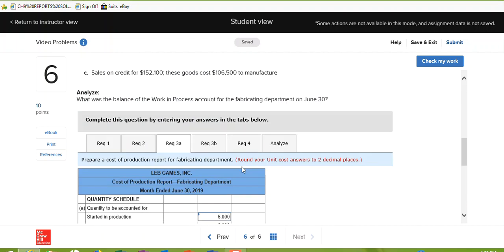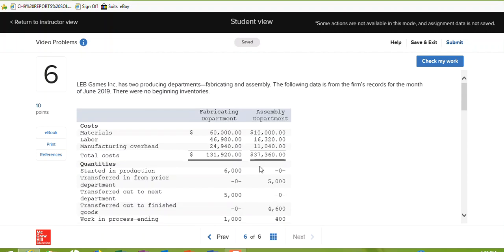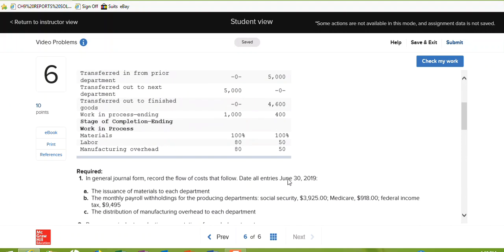Our total costs are up here in our chart. So we're doing the fabricating department right now. So we had 60,000 in material, 46,980 in labor, 24,940 in overhead. So those we're just going to pull down.